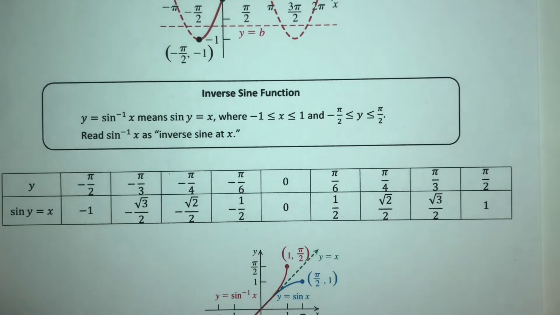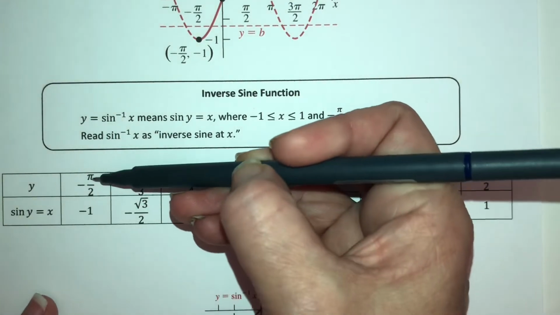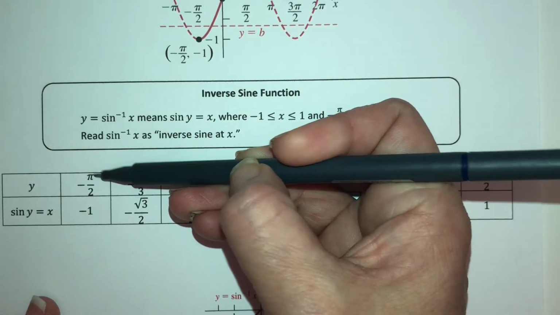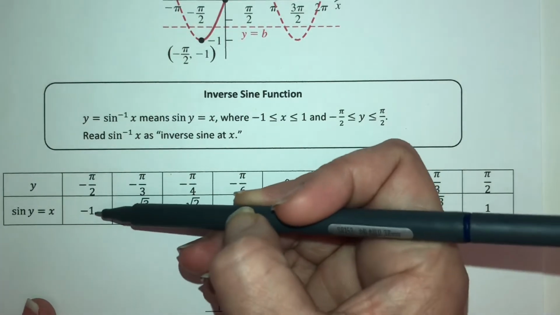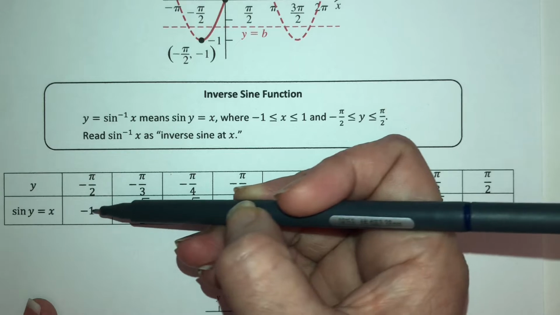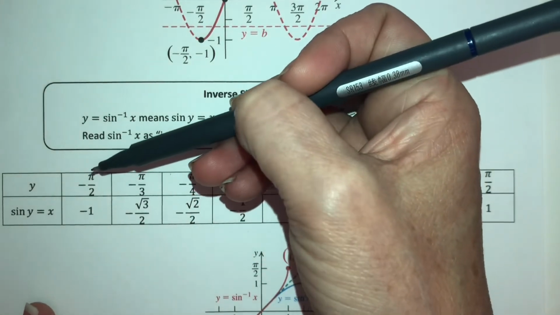Okay? Now, basically what we have here is the chart that goes along with sine, except it's reversed. Okay? With normal sine, if you take sine of -π/2, your answer would be 1. This is saying if you have -1 and you find inverse sine of it, you're going to get -π/2 back.